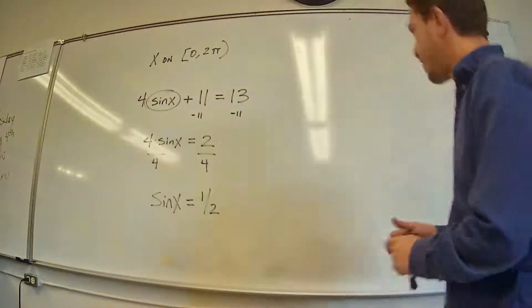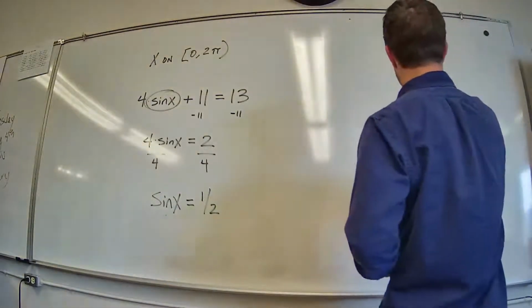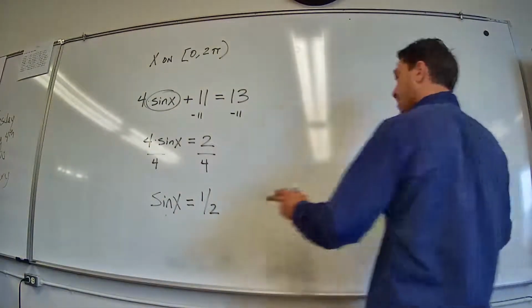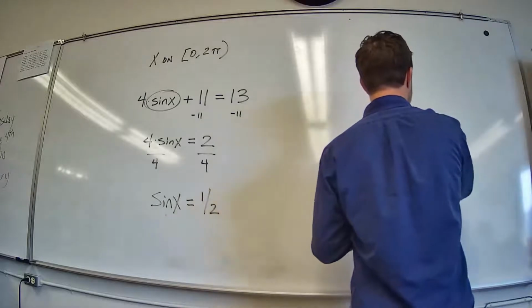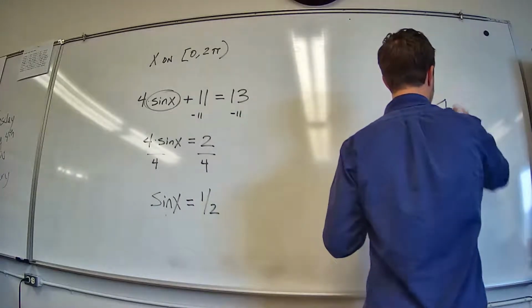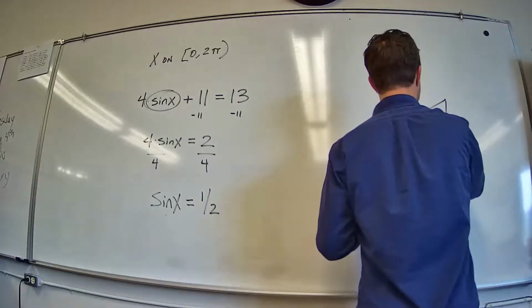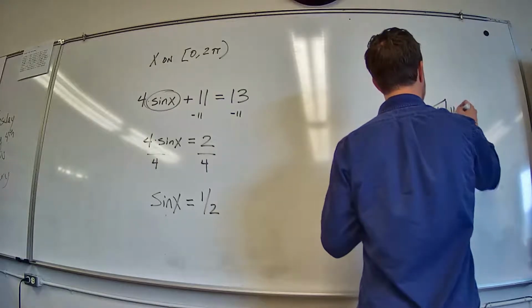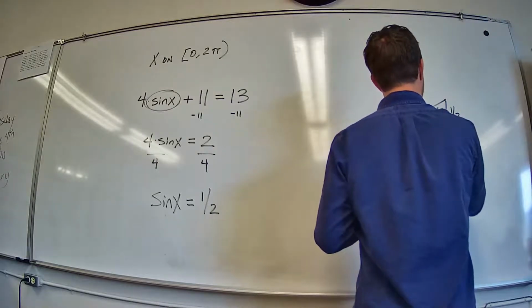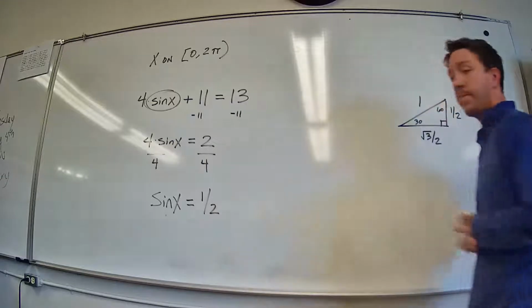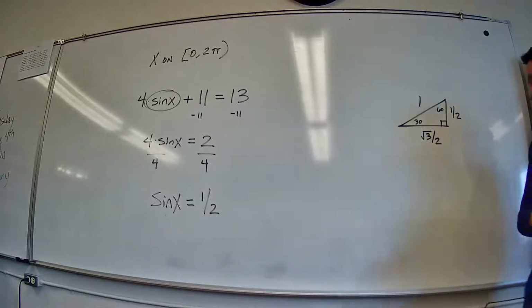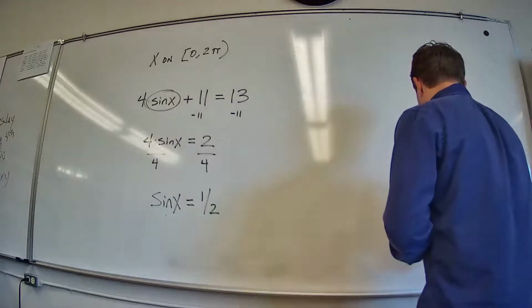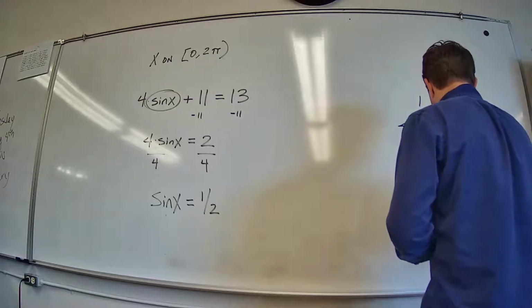I have studied the unit circle, and I know that there are spots on the unit circle that give you a sine value of 1/2, and those spots have to do with, in this case, this triangle. Okay? Later on, pretty soon, we're going to also want to get this triangle involved.